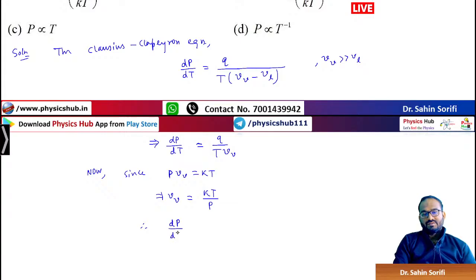So dP upon dT is equal to QP by kT square. Same thing, you see, it may come in different forms, actually it is the same thing.